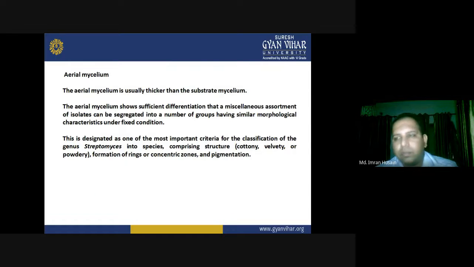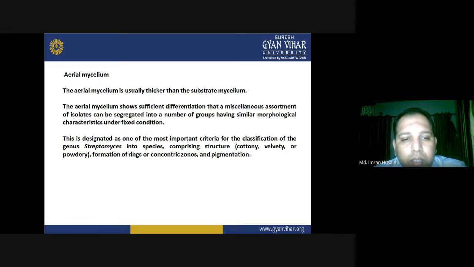Aerial mycelium. The aerial mycelium is usually thicker than the substrate mycelium. The aerial mycelium shows sufficient differentiation that the miscellaneous assortment of isolates can be segregated into a number of groups having similar morphological characteristics under fixed conditions.